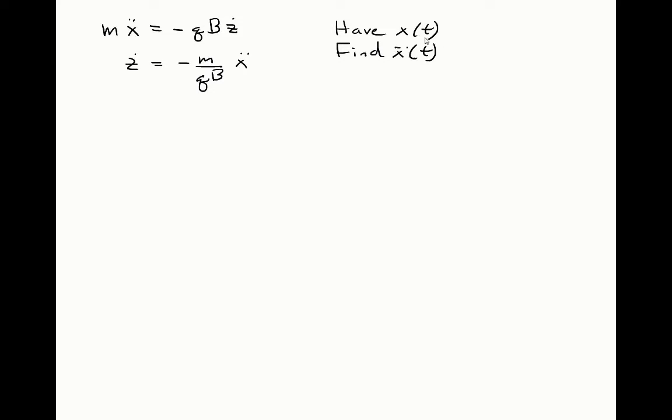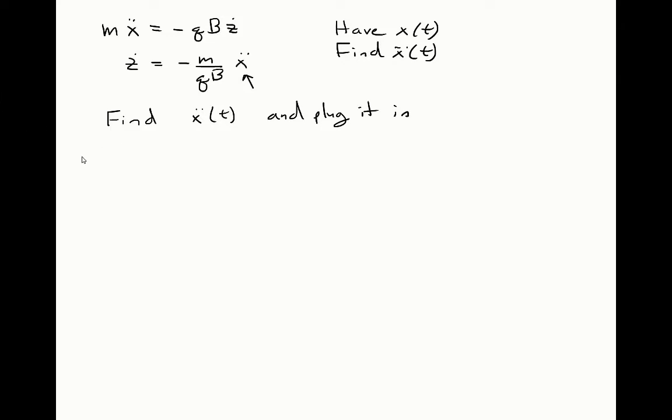Back in our original equations we had, and if we rearrange that, okay, well, we have x of t, so we can find x double dot of t and plug that in here. What I want you to do is find x double dot of t and plug it in. Then we'll see where to go from there together.